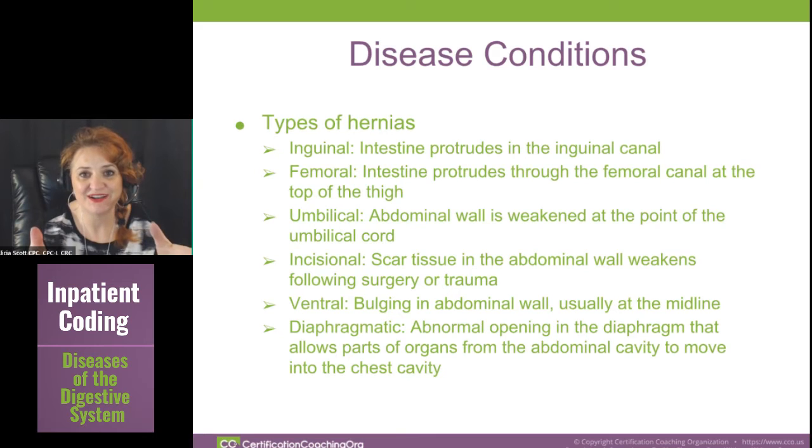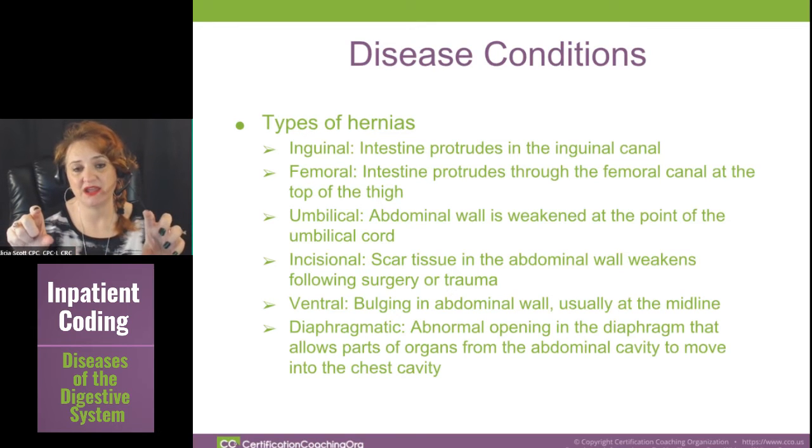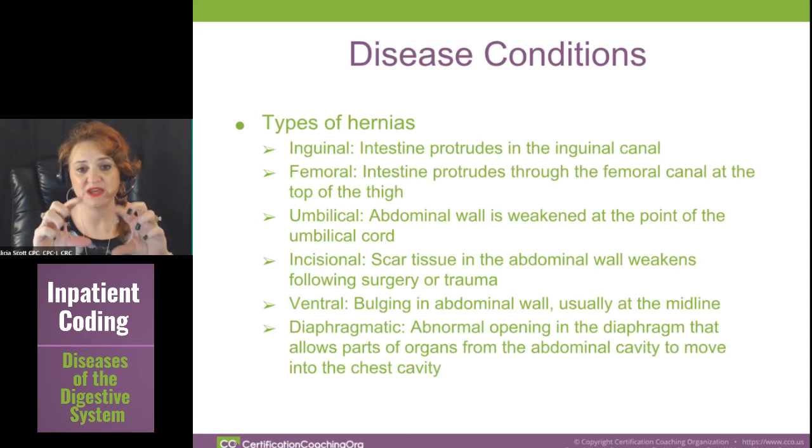Because they're locational, right? Umbilical will be right there by the umbilicus, the belly button, and the incisional happens because they've had a procedure done, and they've got a scar, and it has weakened that area, and then it's poked through.